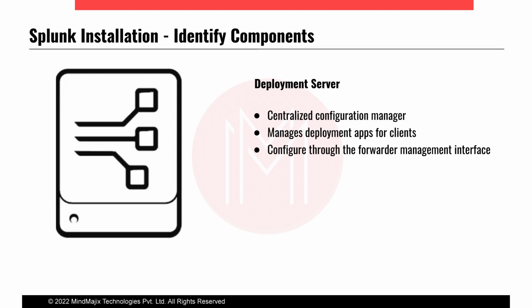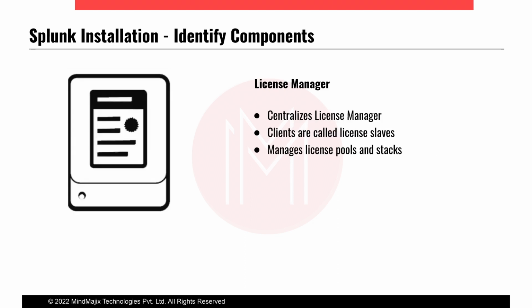If it is a clustered environment, it is a different instance, the deployer, which is used. The deployment server can also be used on standalone indexers for configuration management. But when the indexers get clustered, the cluster master has the role of forwarding the apps to the indexers in that case.